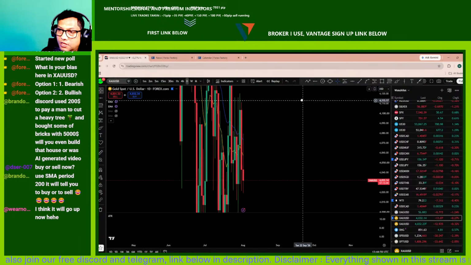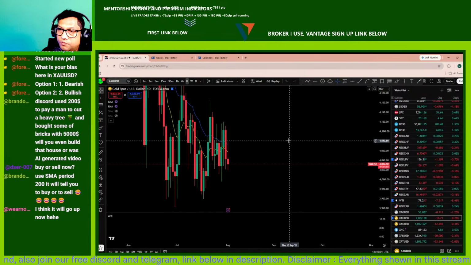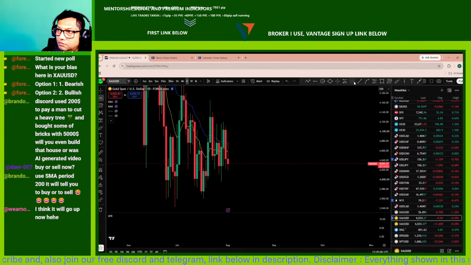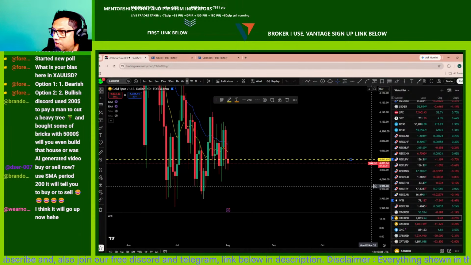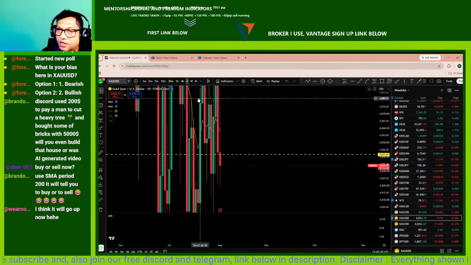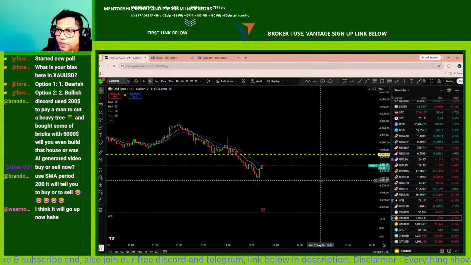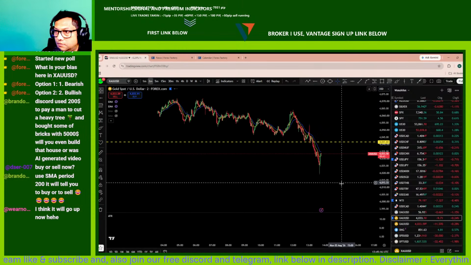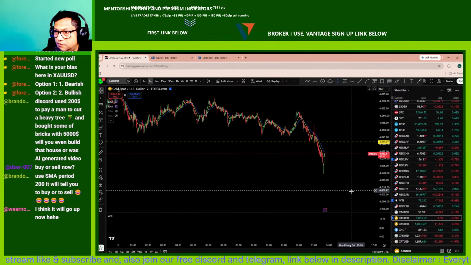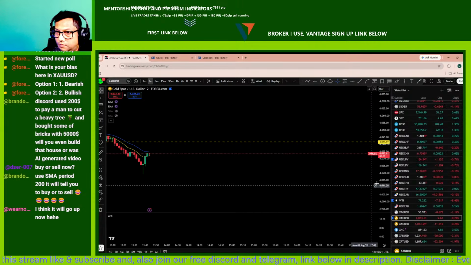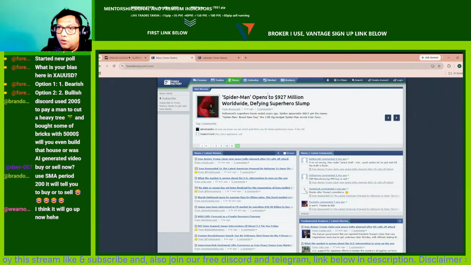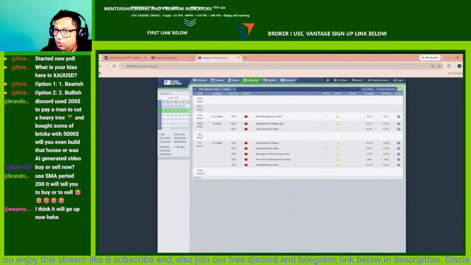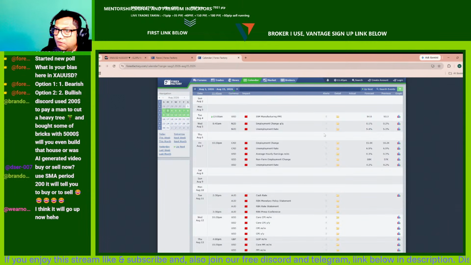On a daily chart, if you look from here, this is the daily resistance level, and with the upcoming data, you'll see news coming up in just a matter of 15 minutes.